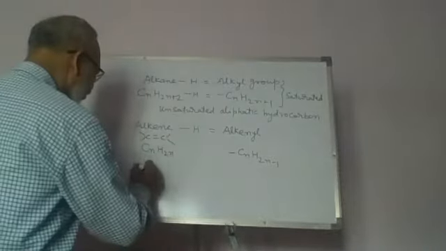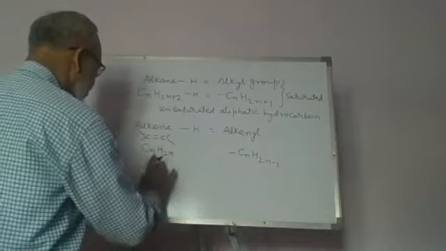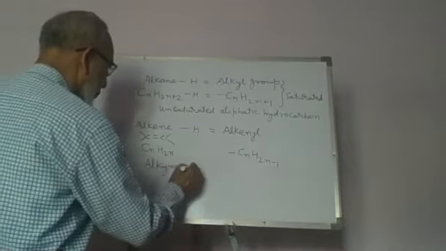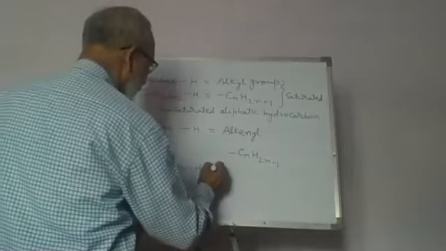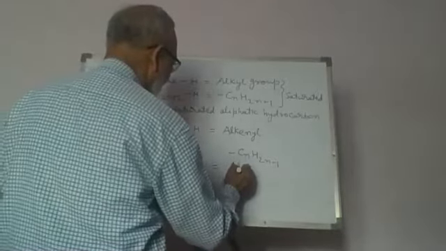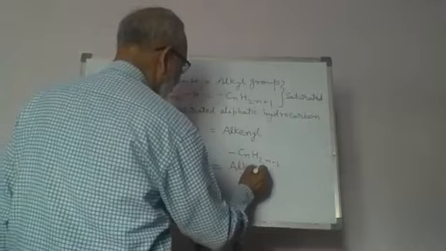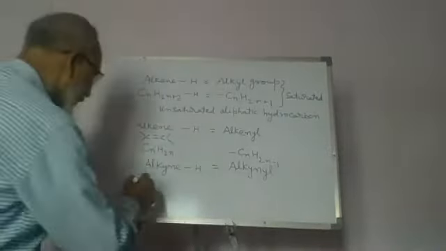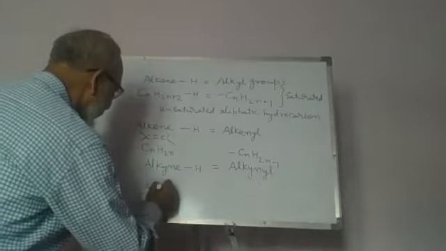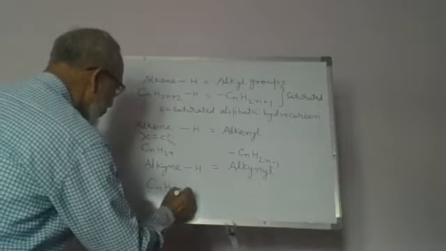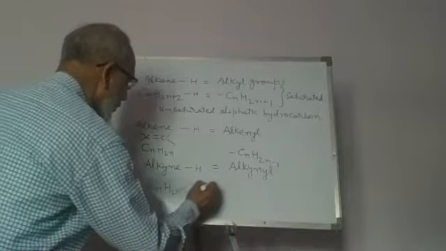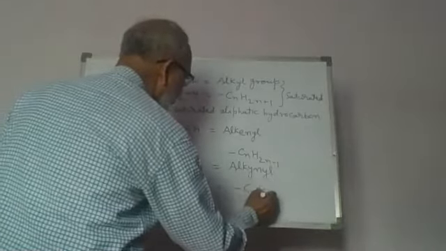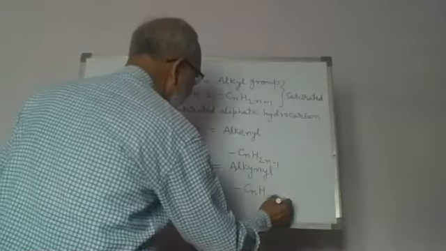And if it is alkyne minus hydrogen atom, then this will be called alkynyl. General formula of alkyne is CnH2n-2, minus hydrogen, this will become CnH2n-3.